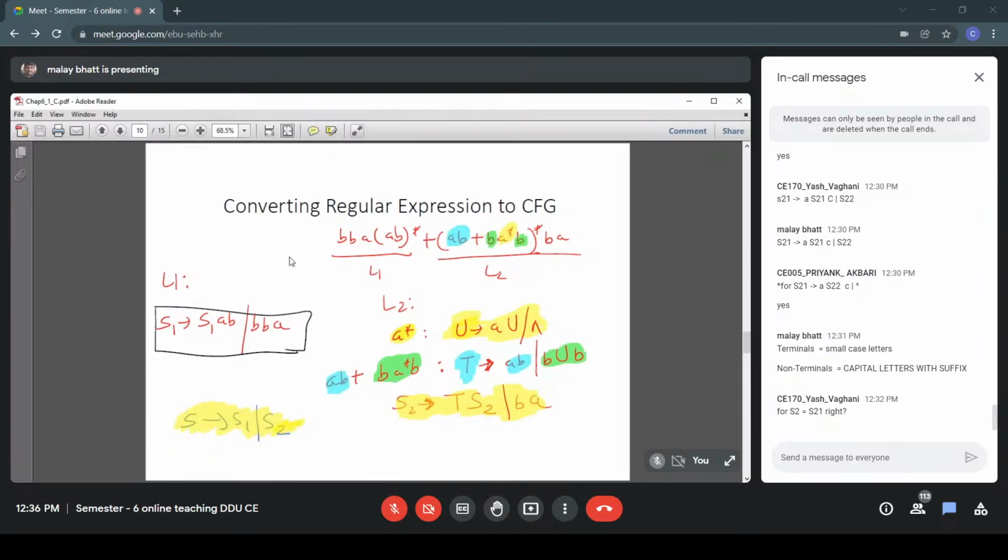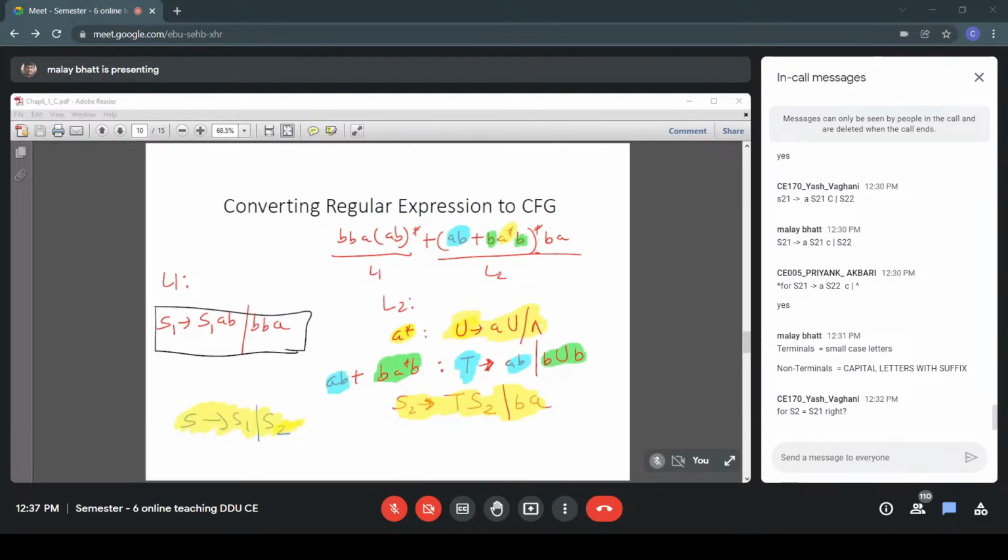So you can see what we are writing for (AB) star, right? You want in the beginning BBA. So we are considering S1 gives S1 AB. At last, when you replace S1 with BBA, you will get the pattern BBA (AB) star. Let us see how we are getting this. S1 gives S1 AB.